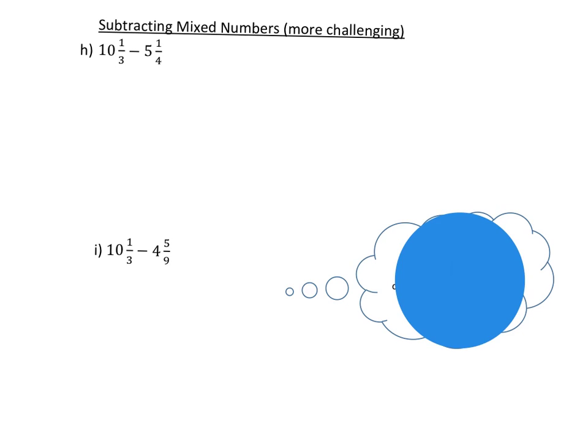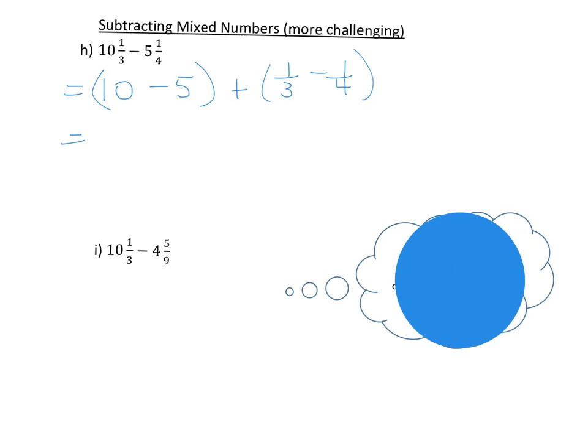So I've got 10 and 1/3 minus 5 1/4. We could separate out our whole number parts like this. We could say this is equal to 10 minus 5. And we can consider our fraction parts, 1/3 minus 1/4. 3 and 4 have a common denominator of 12.